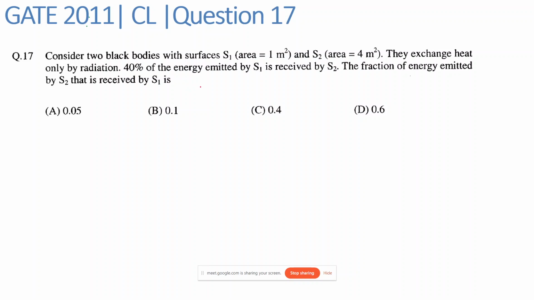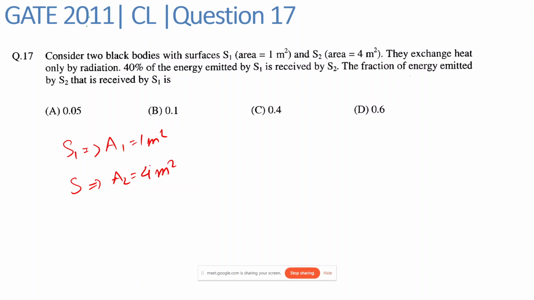So this is question 17 from GATE 2011, and the question is, consider two black bodies with surface areas S1 and S2, where for S1 the area is 1 meter square and for S2 the area is 4 meter square. They exchange heat only by radiation. 40% of the energy emitted by S1 is received by S2.